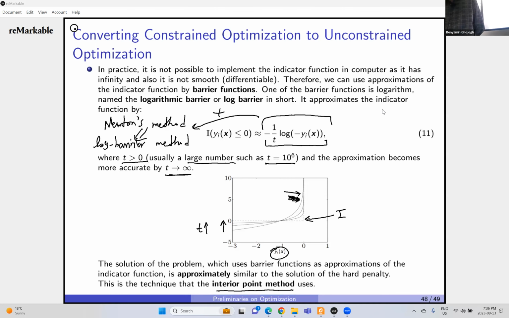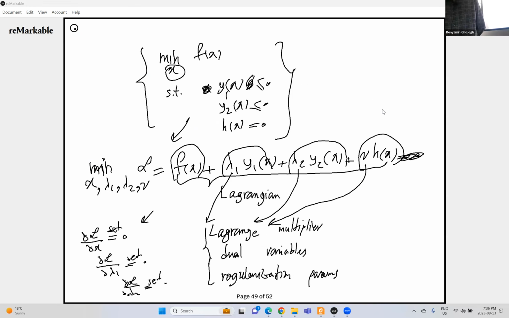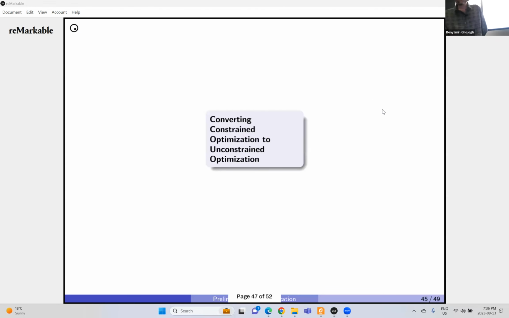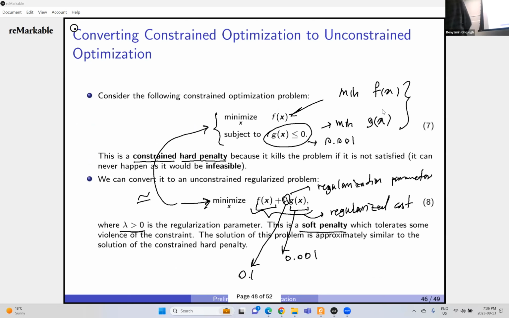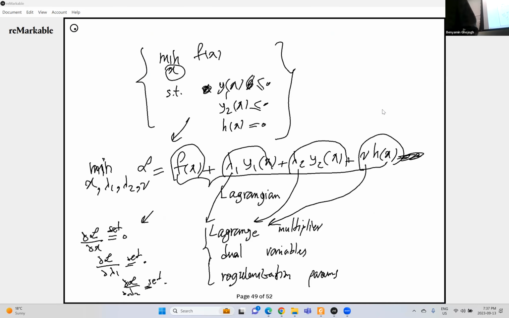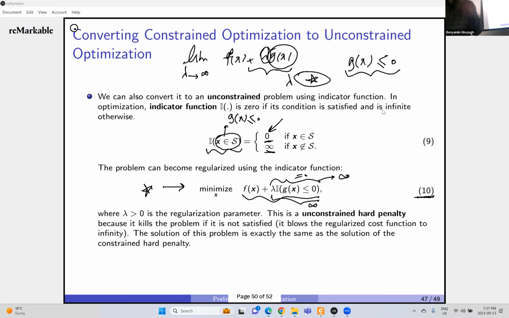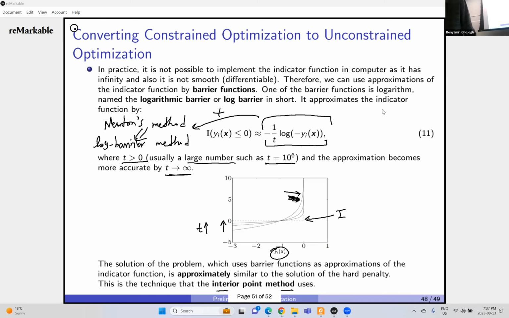So let's compare these things very fast. Someone asked a question in Piazza, I also answered that. Here we have a constrained hard penalty, equation 7. In equation 8, we have an unconstrained soft penalty. In equation 10, we have an unconstrained hard penalty. In equation 11, we have an approximation of the unconstrained hard penalty.